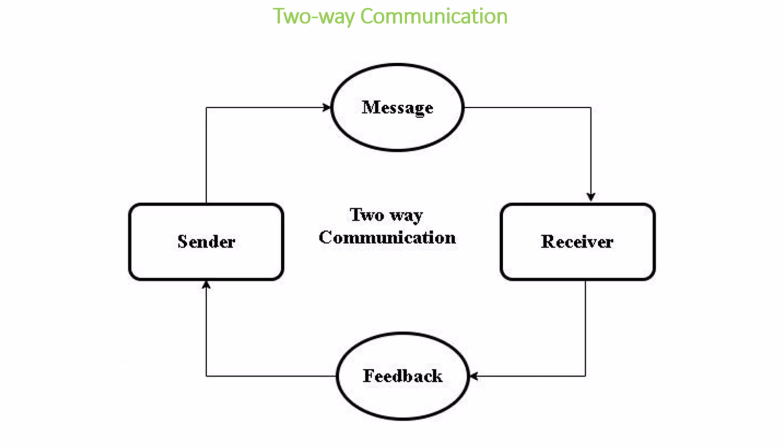This is the chart of two-way communication. Here in this communication, the sender sends the information, sends a message to the receiver. The receiver receives the message and gives his feedback to the sender. So this is two-way communication. It's a back and forth communication.